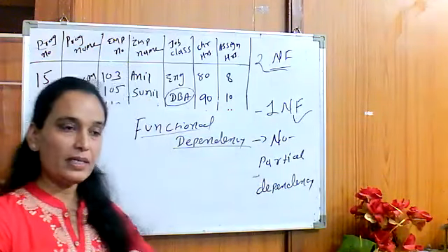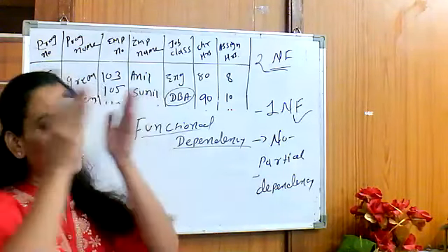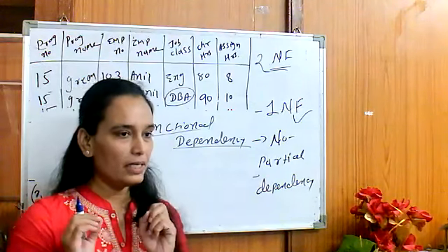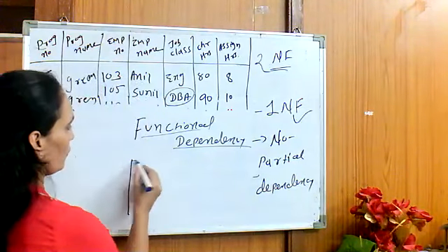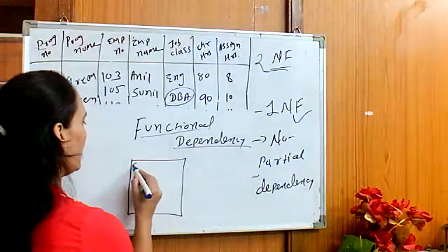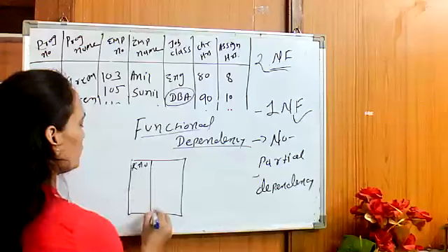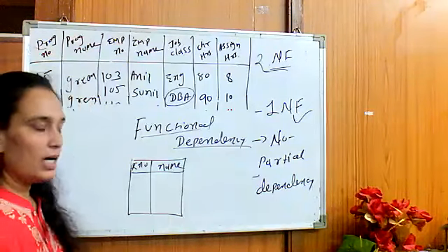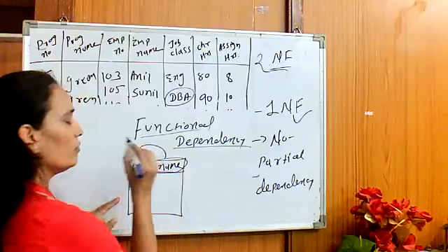What is functional dependency? When one attribute of the table is dependent on another attribute of the same table, it is called functional dependency. We will take one simple example. For example, here we have student roll number and name. Now, the name of the student is dependent on their roll number.